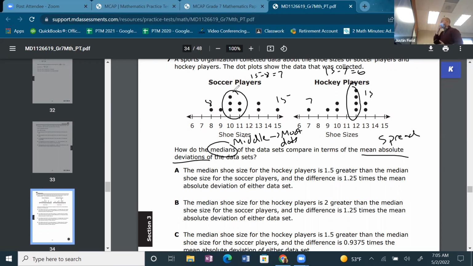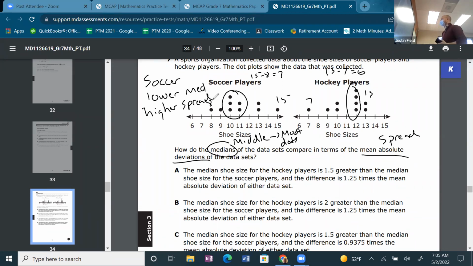So I would say that the soccer players have a lower median and a larger spread, right? So soccer has a lower median and a higher spread, or mean absolute deviation.